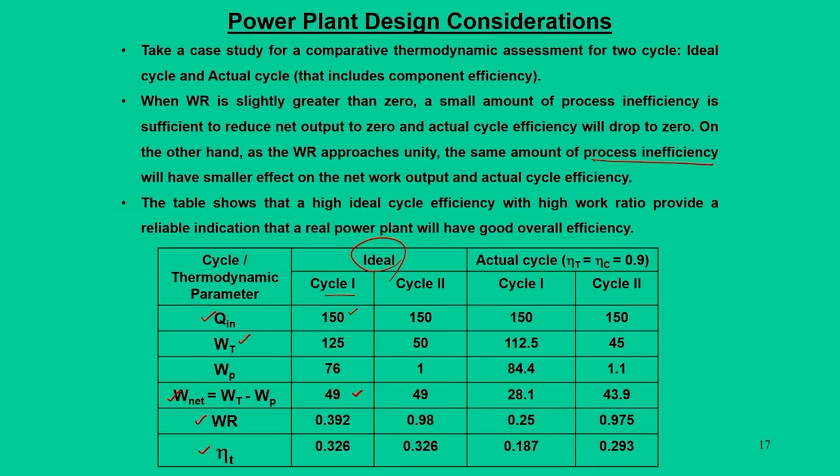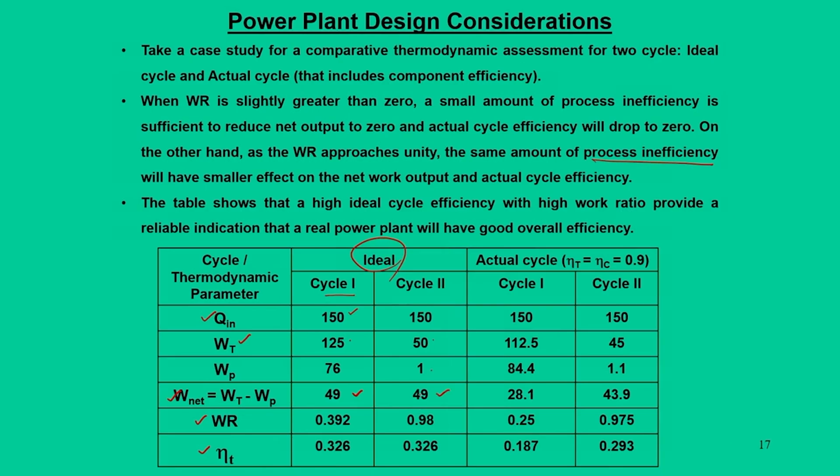Through this there are two possibilities. To get this 49, I can think of turbine work as 125 and pump work as 76, and the difference is again 49. These are just generic numbers. In another situation I propose the turbine work is 50 and pump work is 1. In both cases your net work is 49.